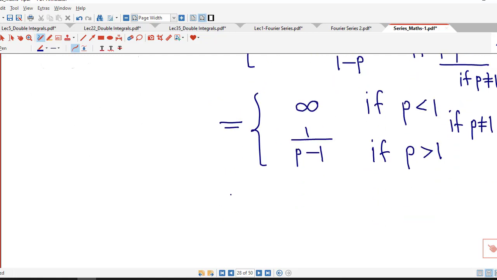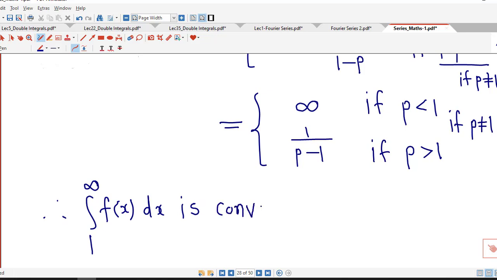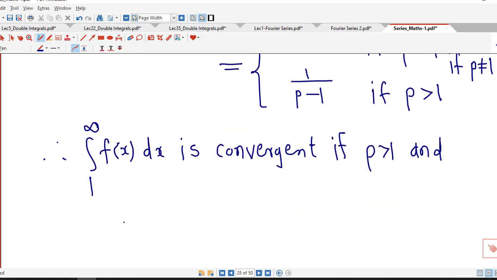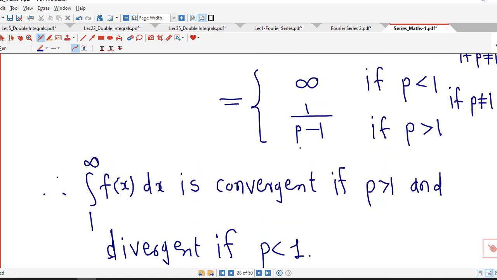So we can see, therefore, that the integral from 1 to infinity of f(x) dx is convergent if p is greater than 1 and divergent if p is less than 1. Because if p is greater than 1, the integral has a finite value.